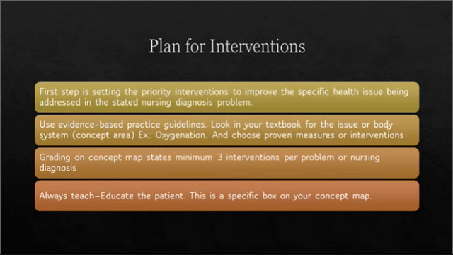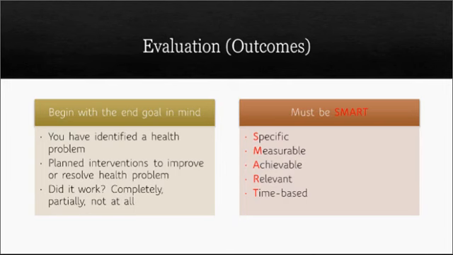An intervention may be breaking up their activities, breaking up things that need to get done, so you're not waking them up all the time, breaking it in small pieces so they don't get short of breath, so that they can heal. So here you have your evaluation, your outcomes, which is listed on page 3 of your concept map.